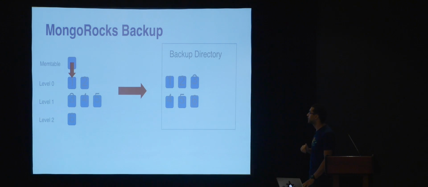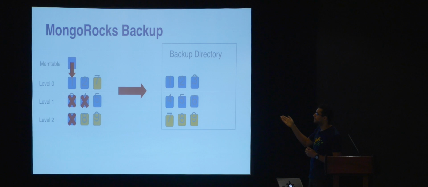If you want to do incremental backups, let's say our LSM changed, so now we have some new files introduced by flush and some new files introduced by compaction. Some old files were deleted because of compaction, and now we want to take another backup. All we need to do is figure out which files are new, and we only need to copy these new files.